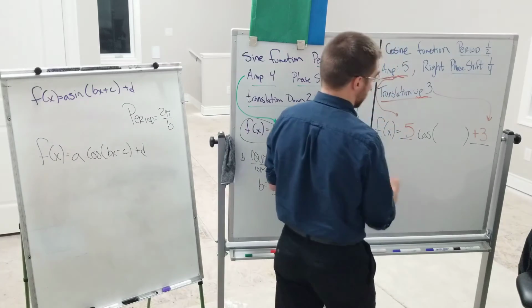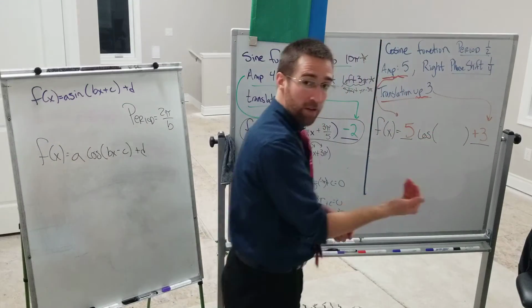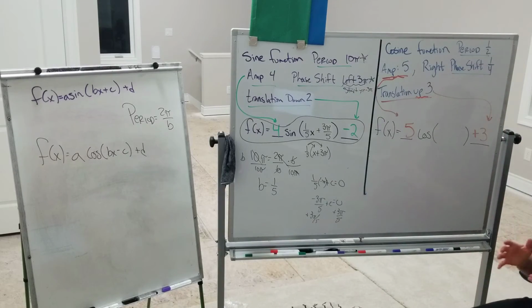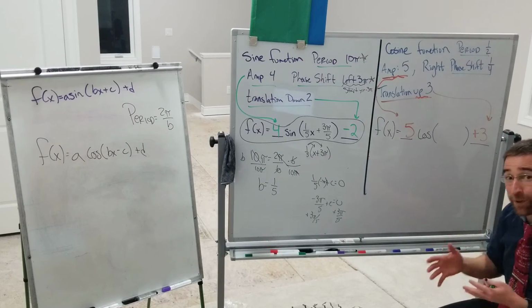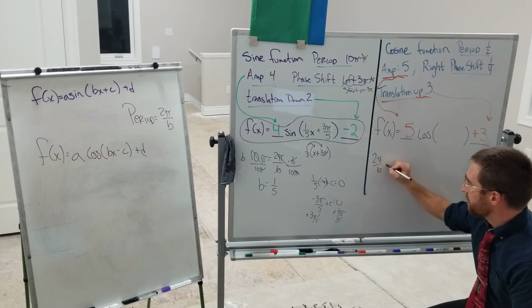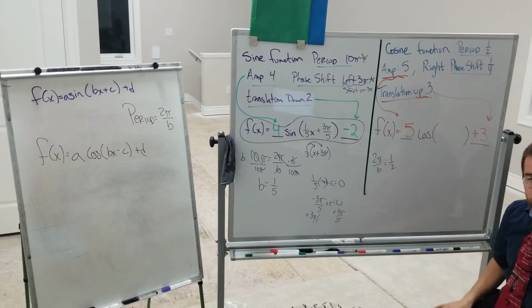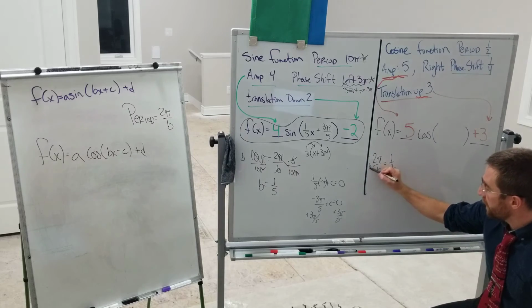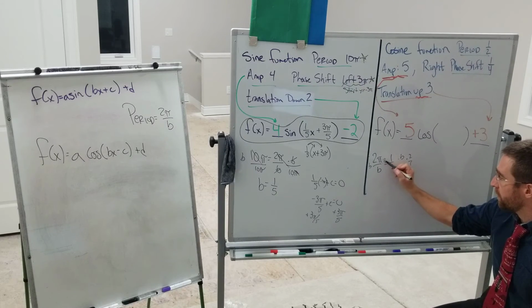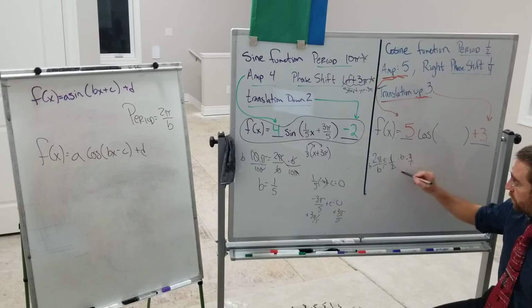All right, now we got to figure out what goes in the argument of the cosine function. So we're going to use the period first to find the b value. So we have that 2 pi over b equals 1/2. We're going to multiply by b on both sides. We're going to multiply by 2 over 1 to undo the 1/2.